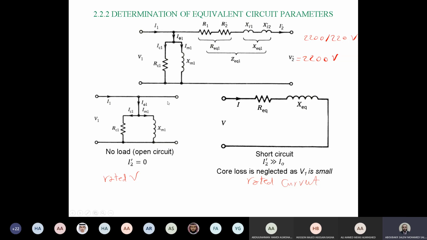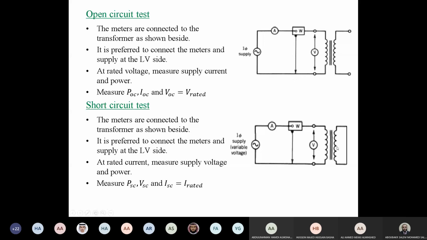For short circuit, here, as you can see, we apply a voltage here and make a short circuit on the secondary side. A question for you: if you make a short circuit on the supply at home, what will happen? The electricity will shut off. It will be shut down. Why?